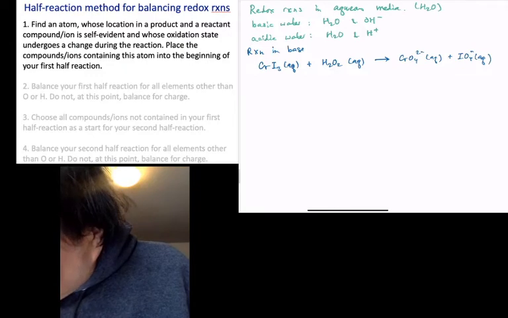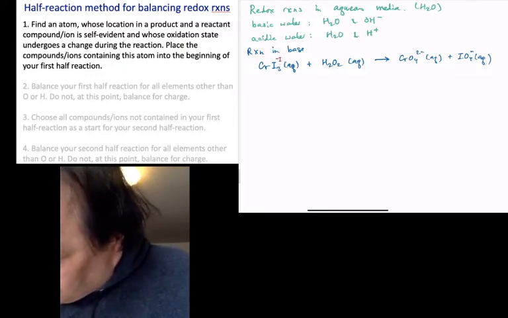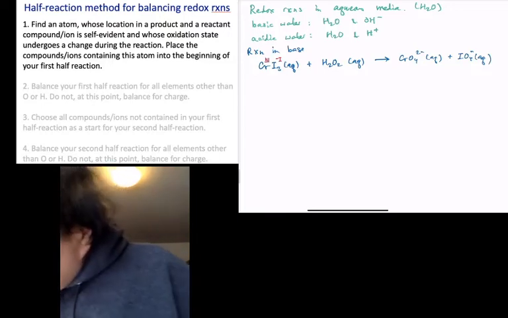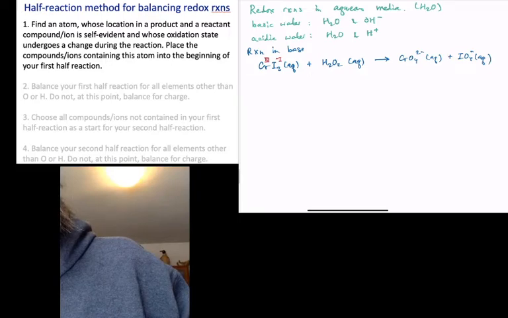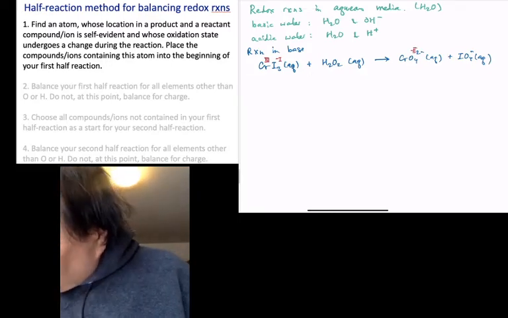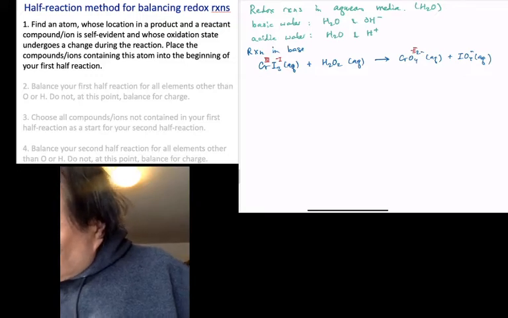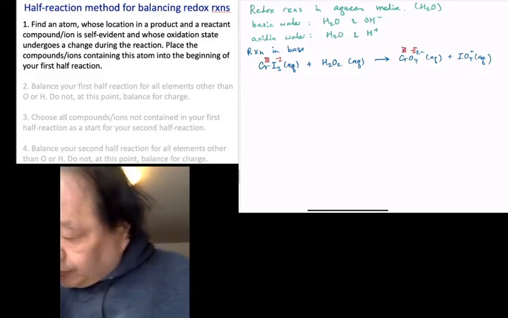The iodine here is the more electronegative atom. It's -1. That makes the chromium 3. The oxygen is -2. It's the more electronegative atom. There are 4 of them, -8. For the 4 of them, 2 of the electrons come from the 2- charge of the chromate ion, and the remaining 6 come from the chromium.